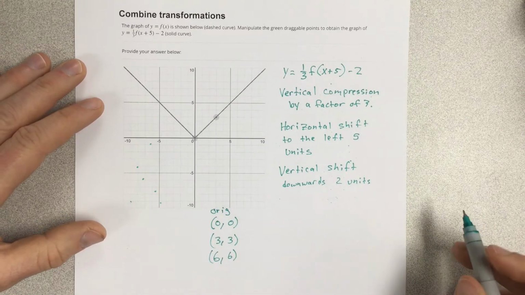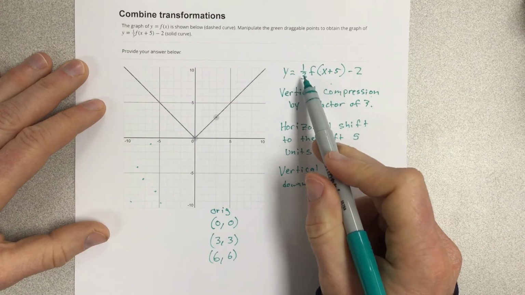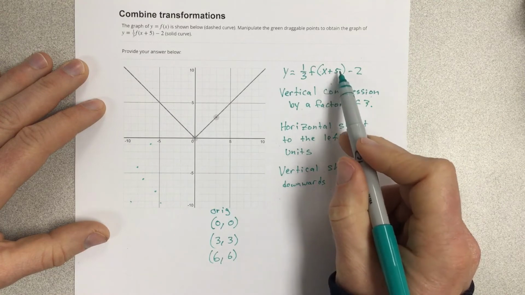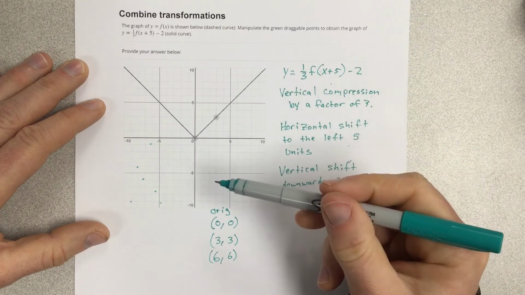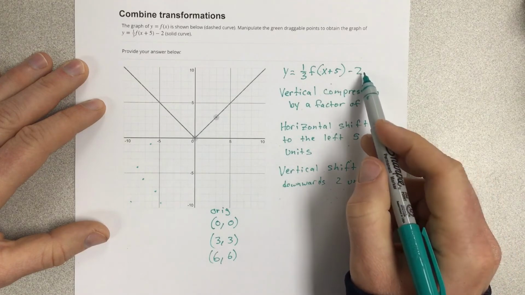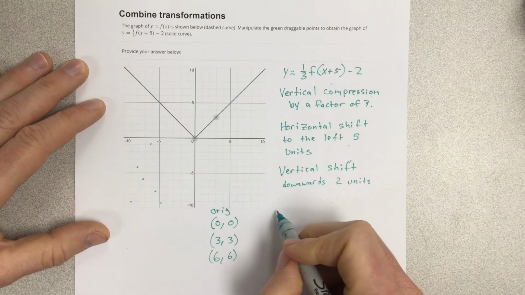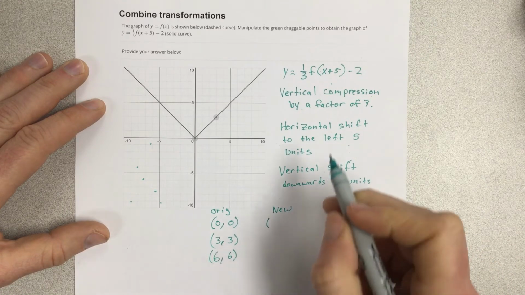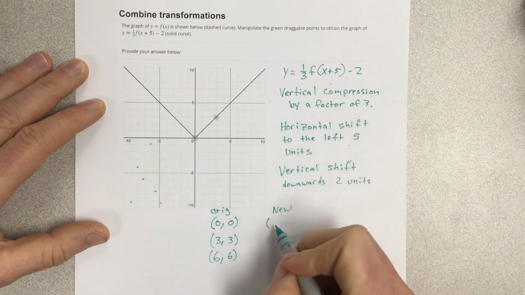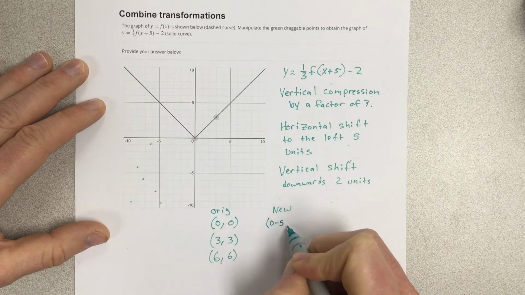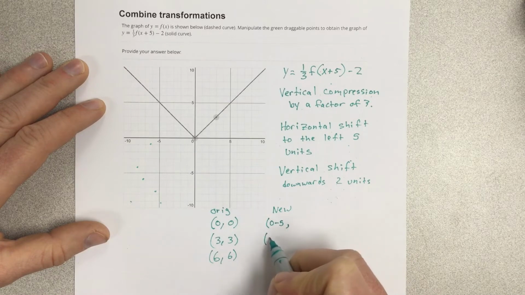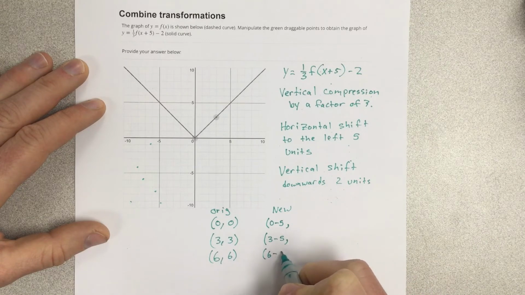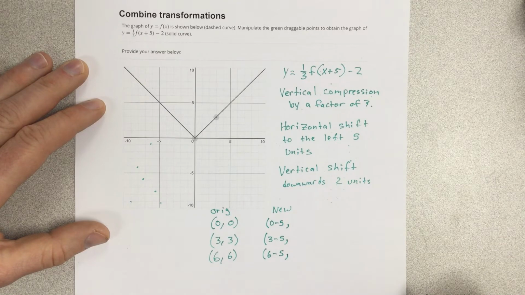So what I have to do is compress them by a factor of 1/3, that's the y values. I need to shift the x values to the left 5, and I need to shift the y values down 2. So really the new coordinates are going to look like this. If I shift the x values to the left 5, that means I have 0 minus 5, 3 minus 5, and 6 minus 5 for my new coordinates.